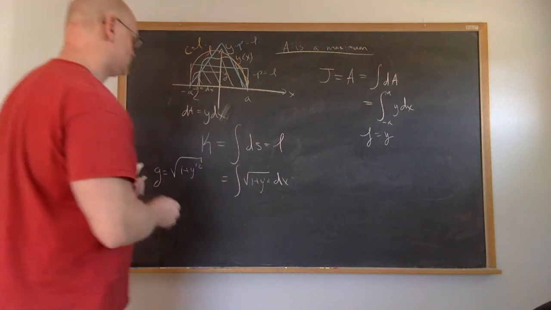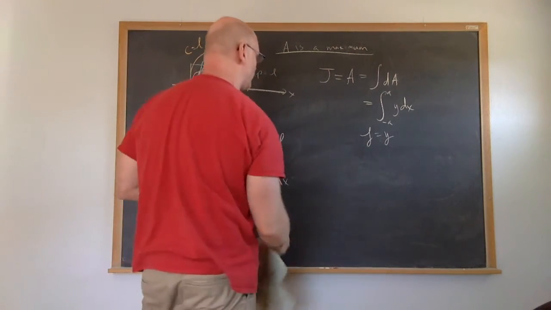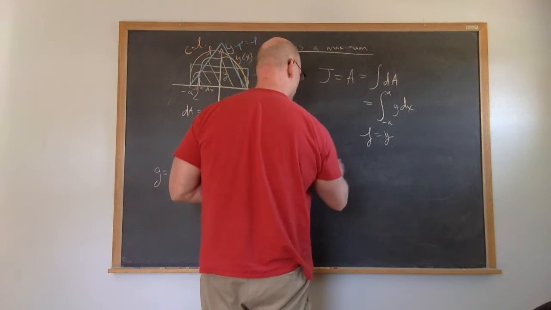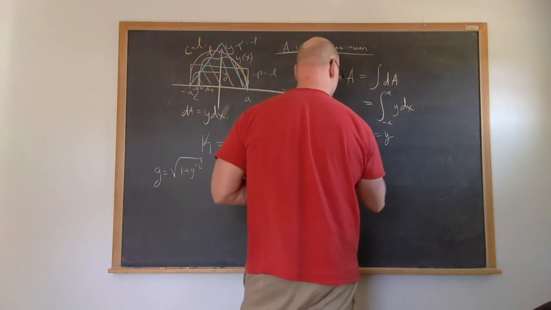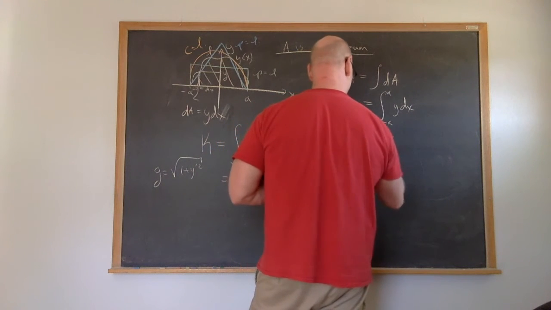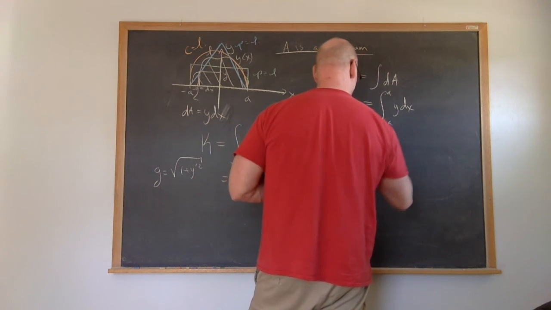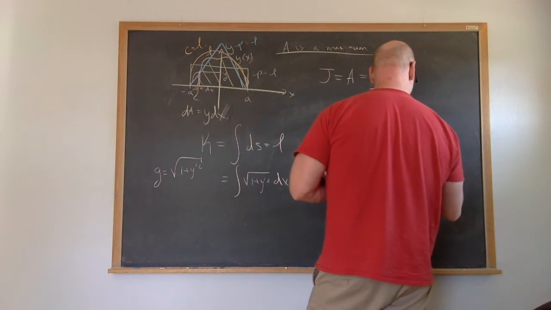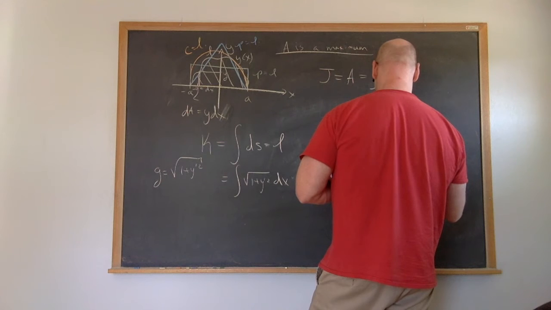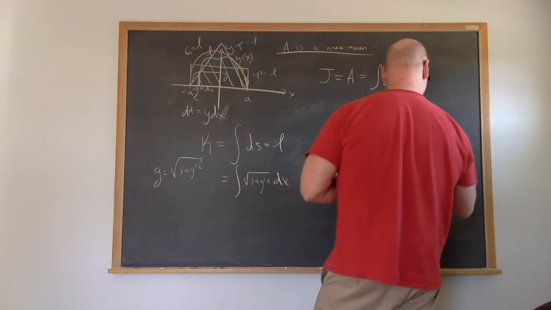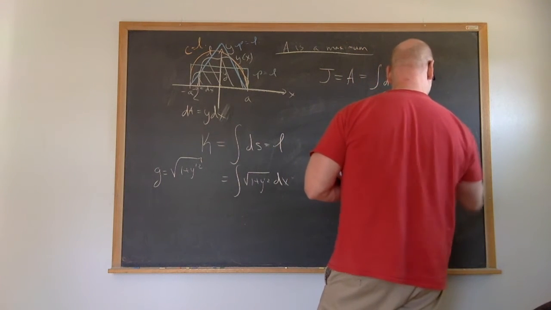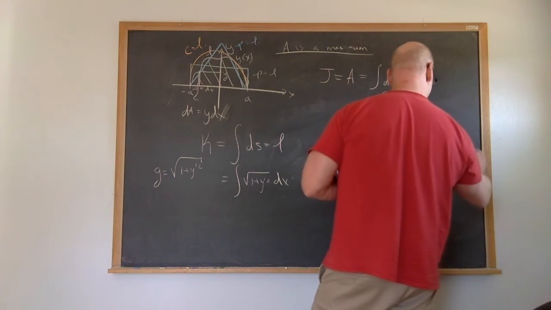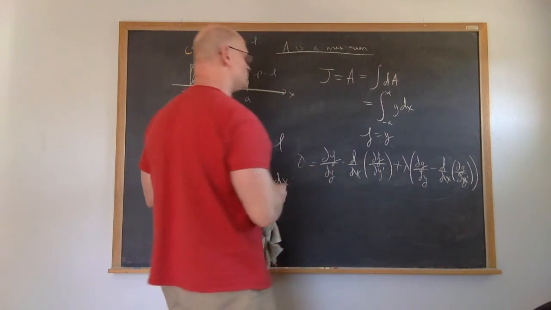So now we can plug this into our expression that we just came up with, which said that the partial of f with respect to y minus d dx of the partial of f with respect to y prime, plus lambda times the partial of g with respect to y minus d dx of the partial of g with respect to y prime, all of this must be equal to 0.